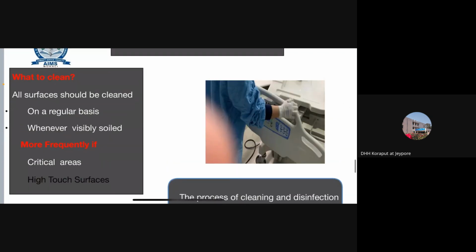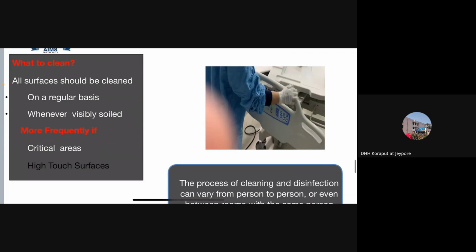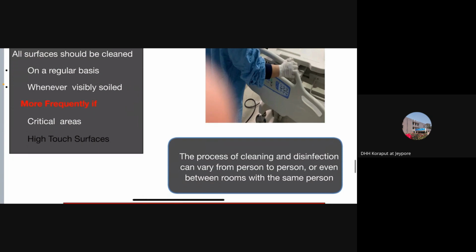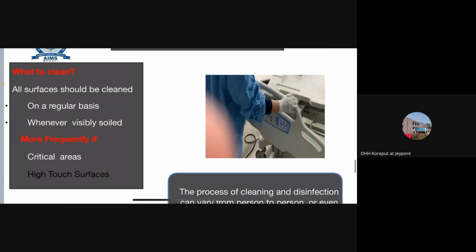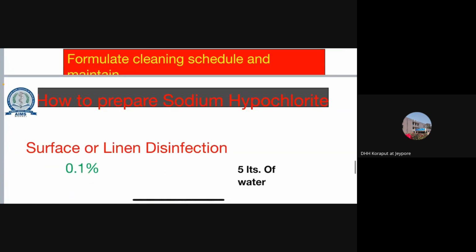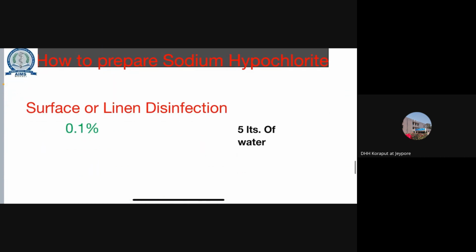As I told you, the process of cleaning and disinfection can vary from person to person or between rooms. The high touch surfaces should be cleaned. You should formulate and maintain a cleaning schedule. Then, sodium hypochlorite is most frequently used for decontamination, and how to prepare it is also very important.